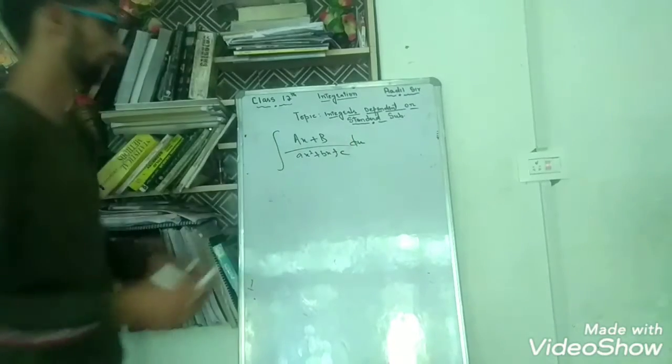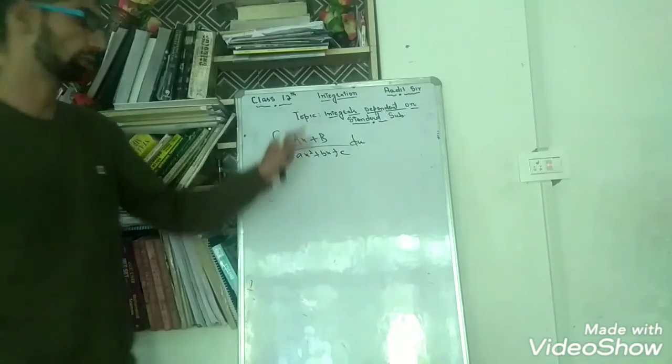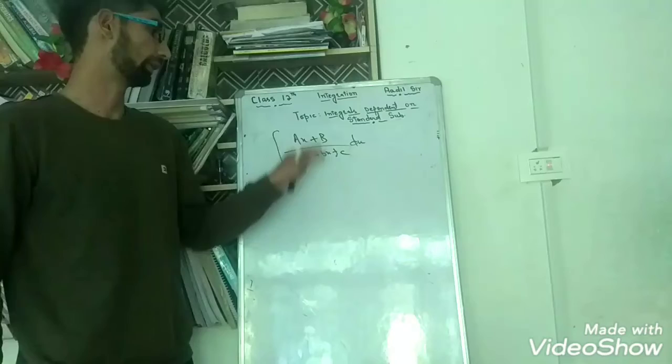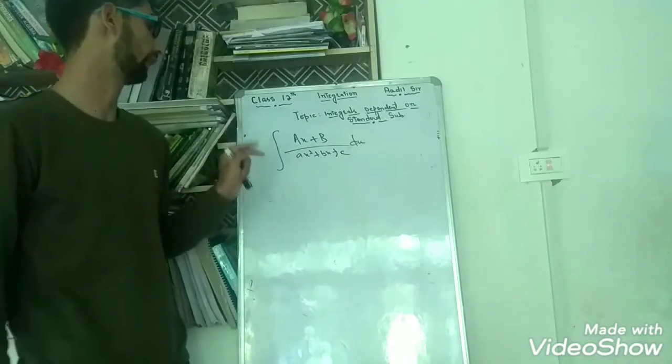If we have an integral of this form, in the denominator we have a quadratic, but in the numerator we have a linear expression. I will explain how we can solve that, beta.